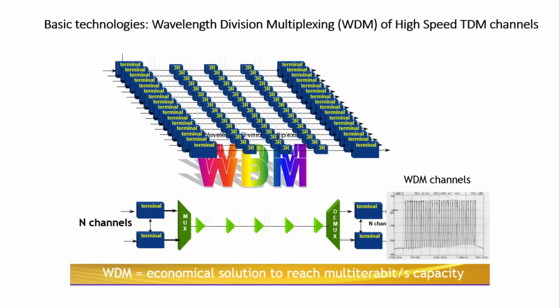Basic technology: wavelength division multiplexing, WDM, of high-speed TDM channels. Here we are considering n number of channels having different terminals which are applied to the mux. The mux takes the multiple inputs and transmits them to one output.